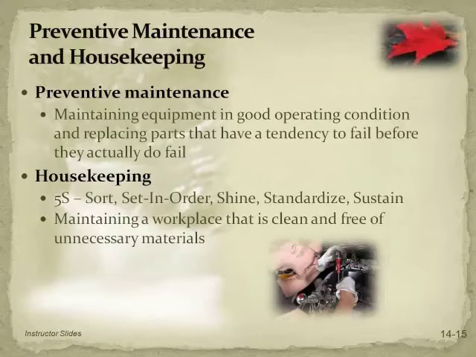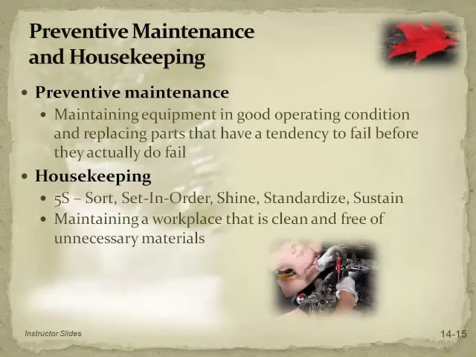Set in order. In other words, a place for everything and everything in its place. Designate where each item goes. This is its place. It always goes right here. Shine. If it is in need of some type of repair or it needs to be cleaned or whatever, put it in good working order. Standardize.